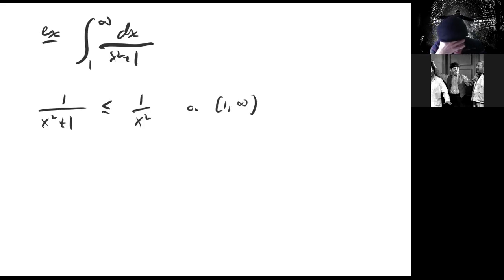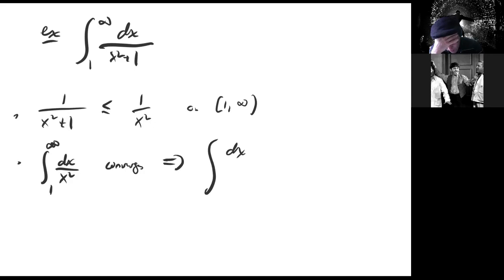Moreover, the integral of dx over x squared we saw from 1 to infinity actually converges. We saw that last time. That was our first example, in fact. So that's going to imply that the integral of dx over x squared plus 1 from 1 to infinity also converges. Okay, so that's an example.